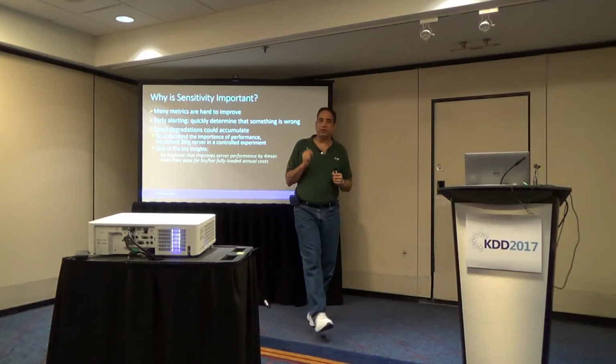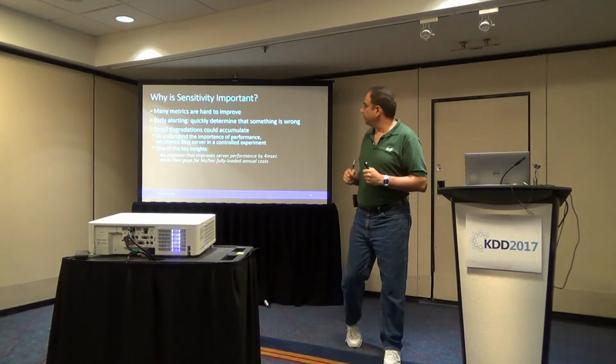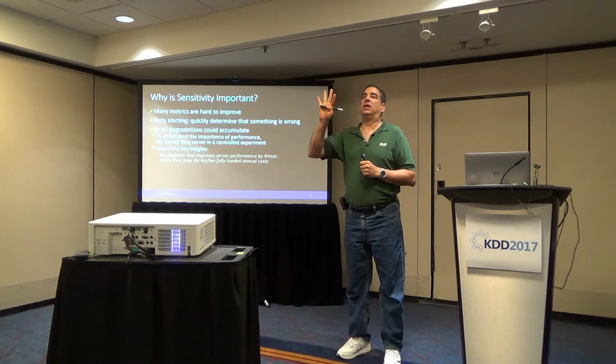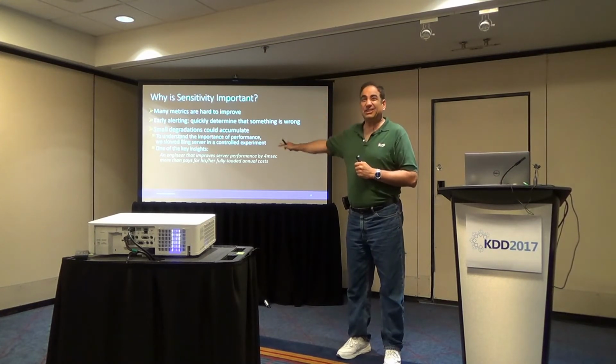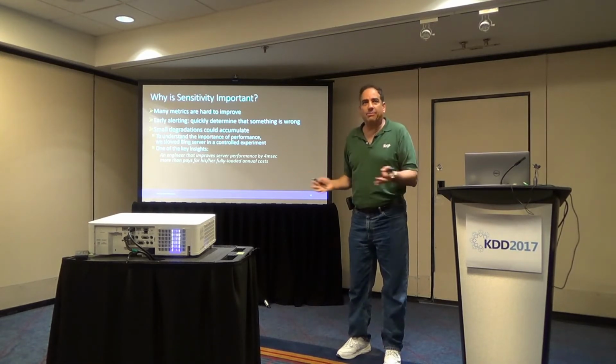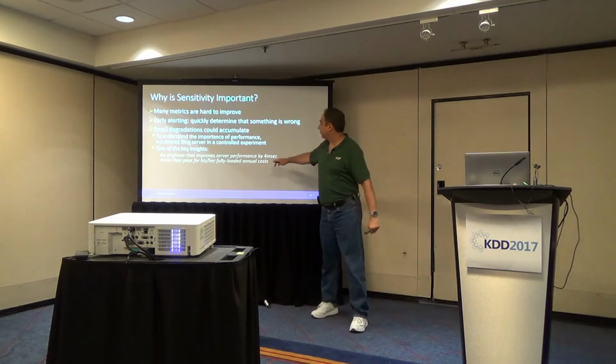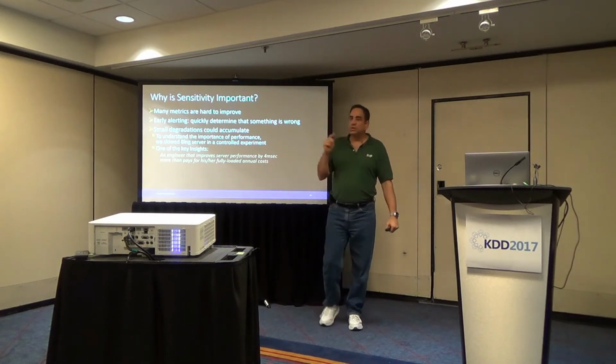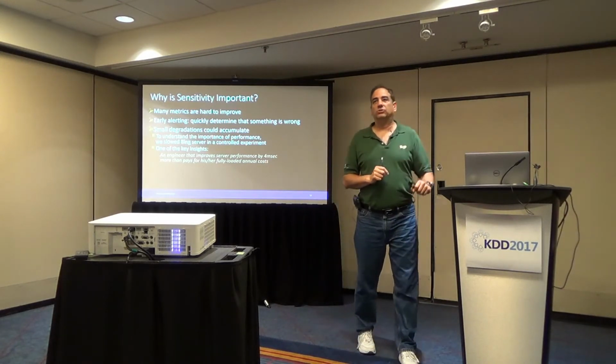The key insight is if you're an engineer and you're able to improve the server by 4 milliseconds, your eyes blink at about 150 milliseconds. This is a small number. Nobody can see that. Nobody can detect it. You can't do it in a lab or in an experiment. But if you're able to improve the performance by 4 milliseconds, you just paid your fully loaded annual costs.